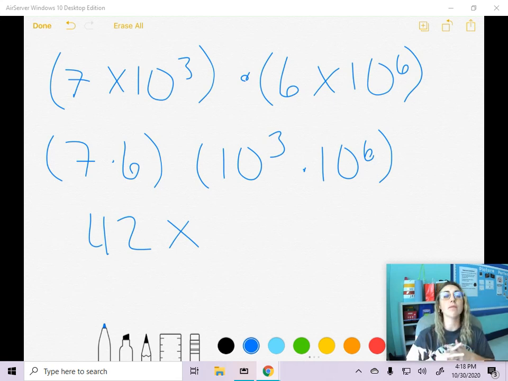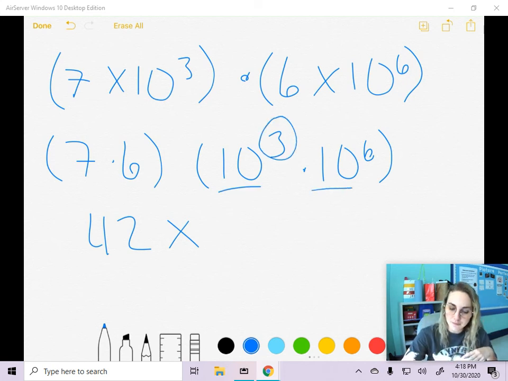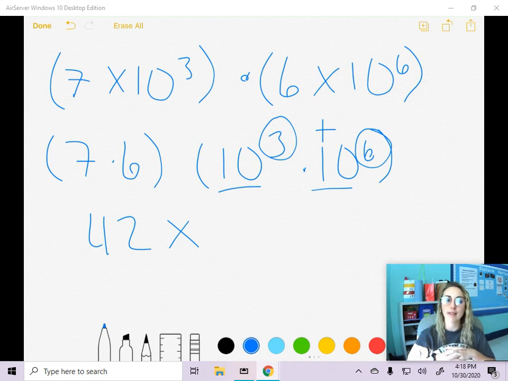If you remember our work from a couple of weeks ago, when you see multiplication with exponents that have the same base, all you have to do is add the exponents. So the exponent is 3 plus 6, which is 9.